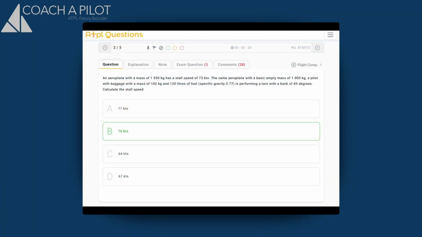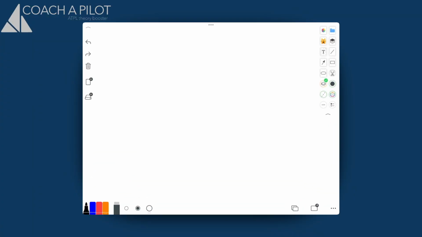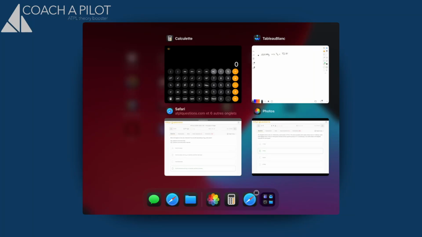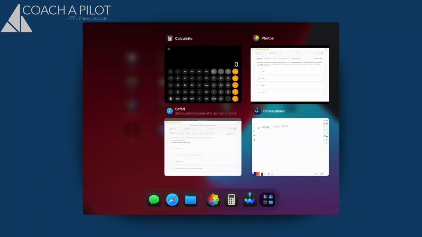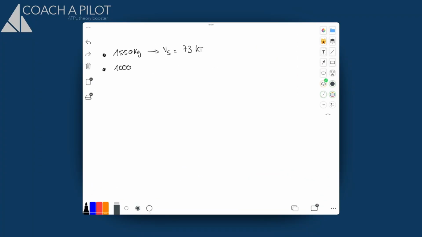All right, so today we have a question about the load factor calculation in different situations, for two aircraft. One aircraft has a mass of 1550 kilos and a stall speed of 73 knots. The second aircraft has a basic empty mass of 1000 kilograms, a pilot of 102 kilos and 120 liters of fuel with a specific gravity of 0.77.